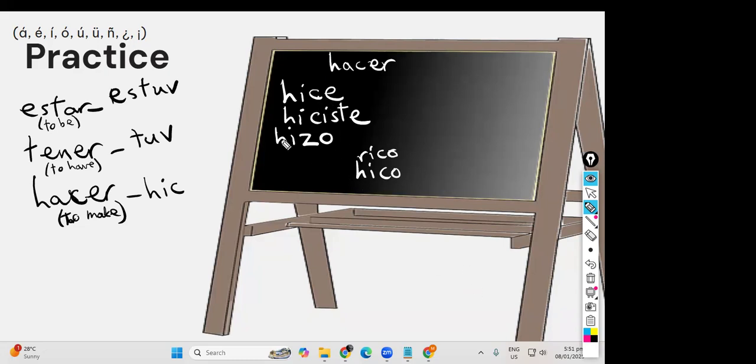Because if I put a C in front of an O, I have to say co. Right? So hizo with a Z. Hiciste, hizo, hicimos with a C again. Hicieron. Right. All right, 1 minute.